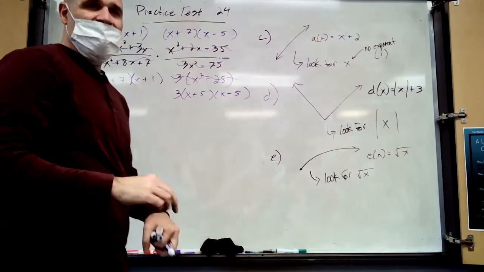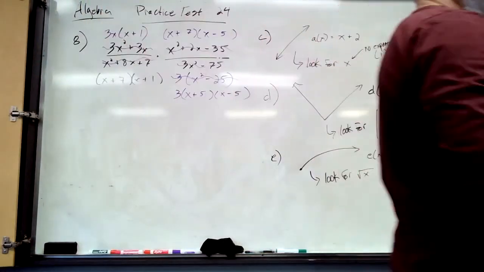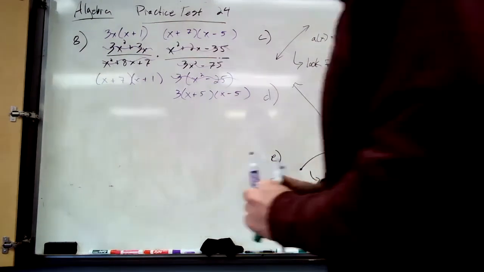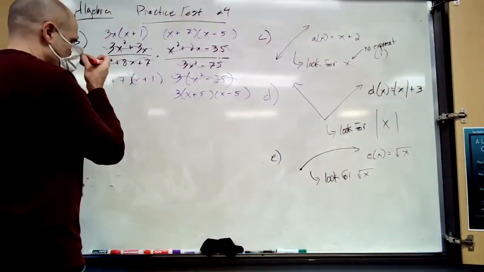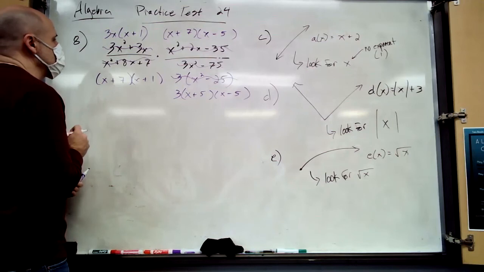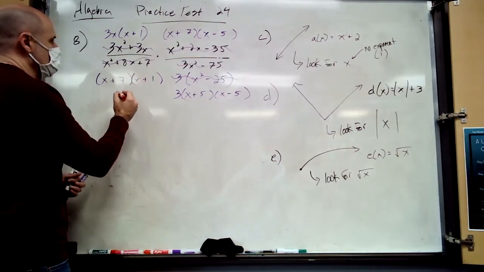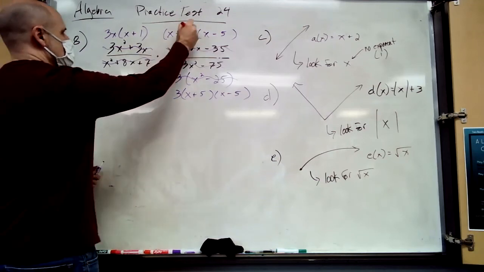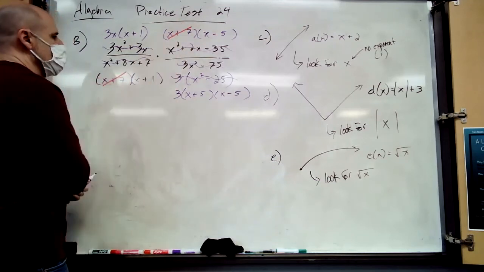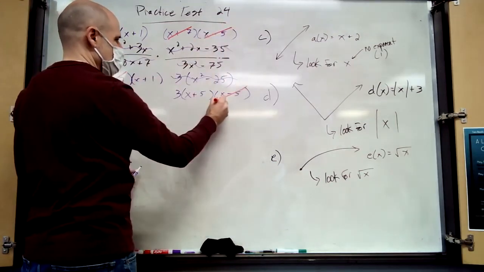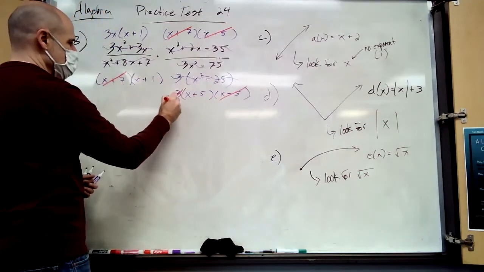So now I take out my red pen and I have some fun. What can cancel? Like almost everything. That's right. What cancels? X plus 7s. Yep. X minus 5s. 3s.